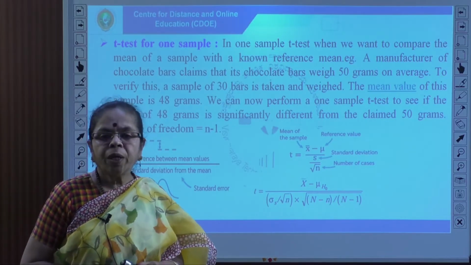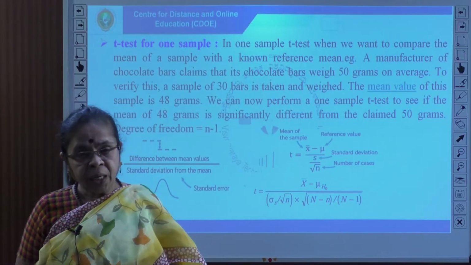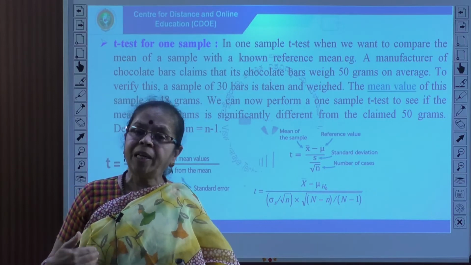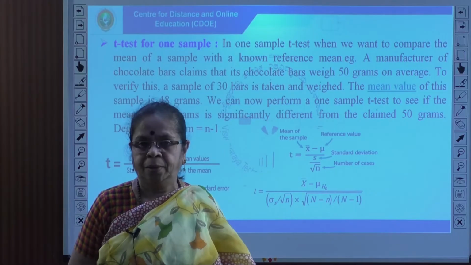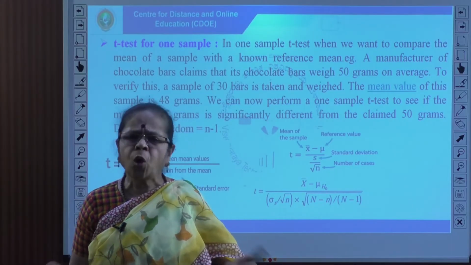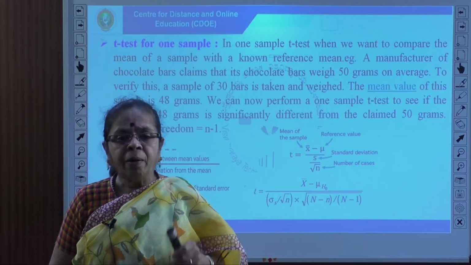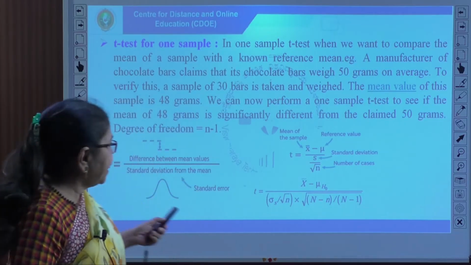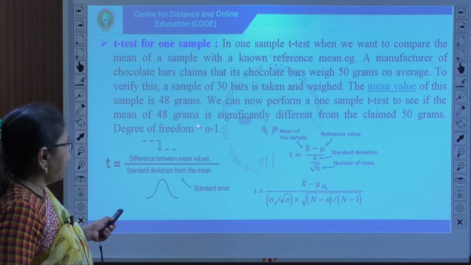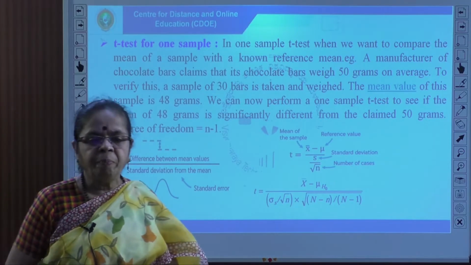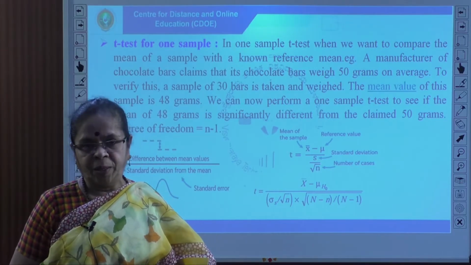Can I say that this mean value of 48 grams is significantly different from the claimed 50 grams, or is it acceptable? Here, in a one sample test, the degree of freedom is given by n minus 1.